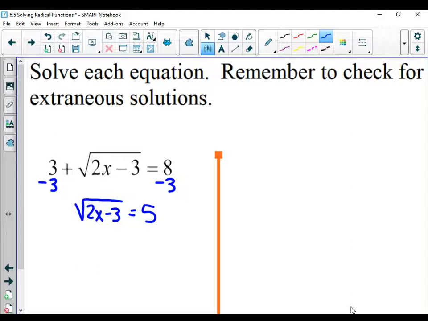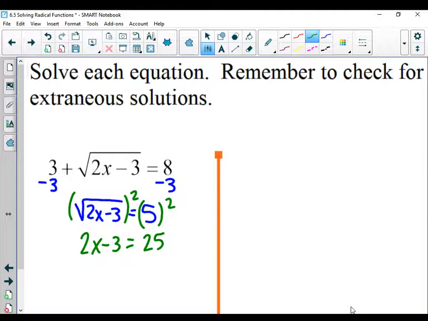Okay, how do I get rid of the square root? Square. Square, thank you. So then now the square root disappears and I'm down to a good old algebra 1 problem. We like those. Go ahead and solve for x.